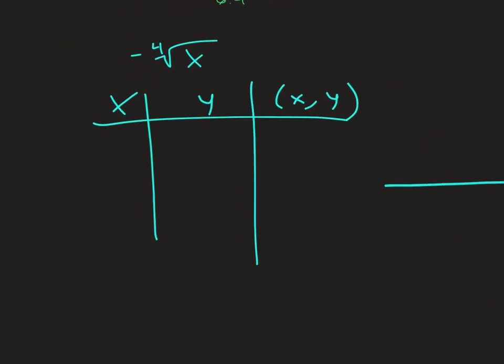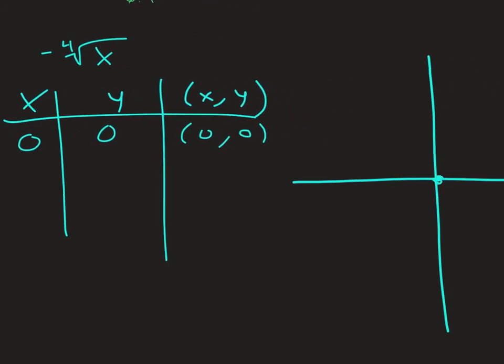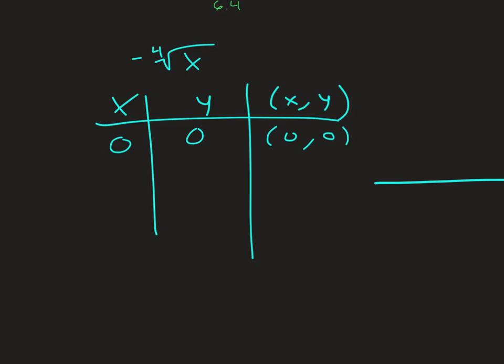So what can we plug in first? 0. So when we plug in 0, we get 0, so our first point is 0, 0. What can we plug in next? Awesome.